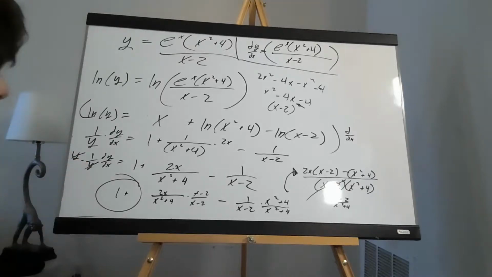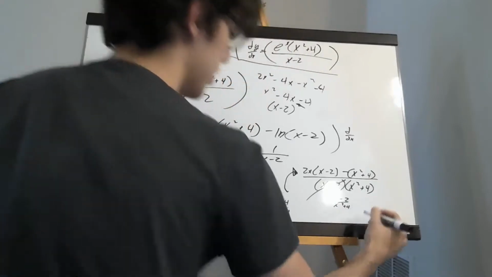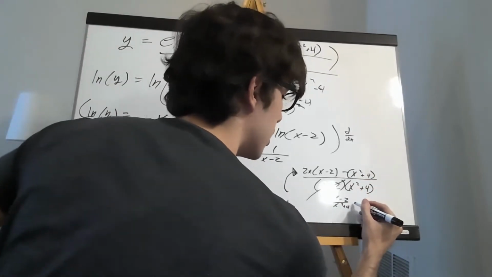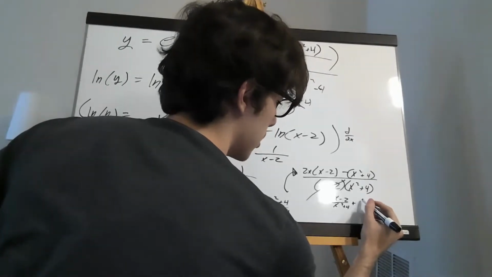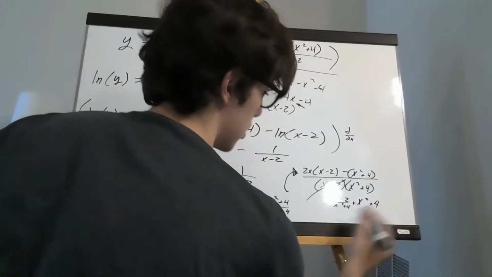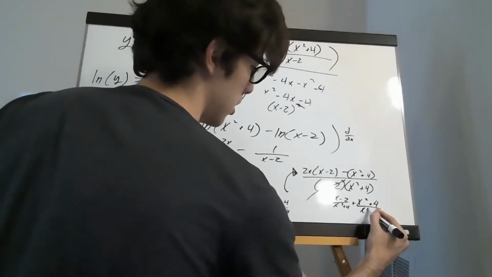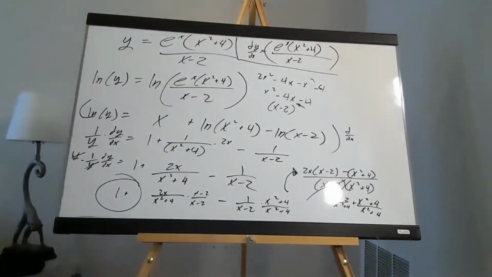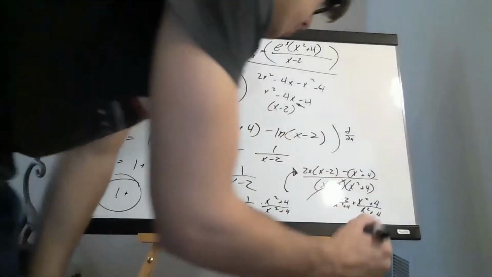Okay, so then it's just plus the denominator over the denominator. And the reason we can do that is because x squared plus 4 over x squared plus 4 is still 1. But I just did that so we'd have a common denominator.